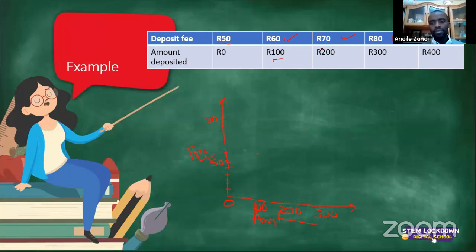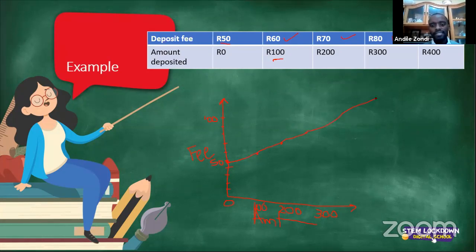For 200 rands, you'd be charged 70 rands. Obviously my graph won't be that accurate. For 300, you go up, it's 80. And so forth. Now notice your graph must be straight. It must be linear.